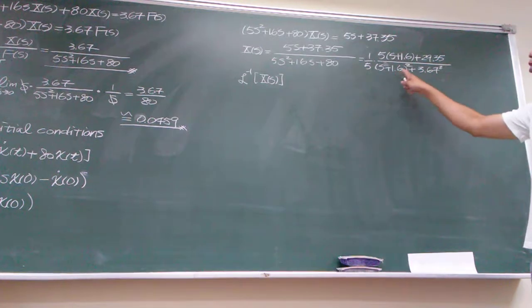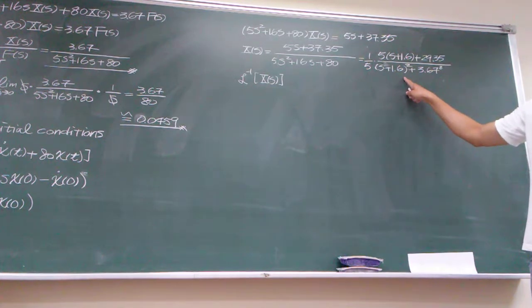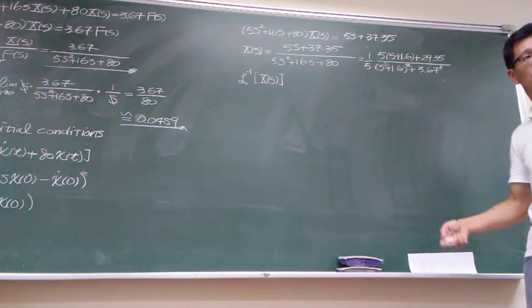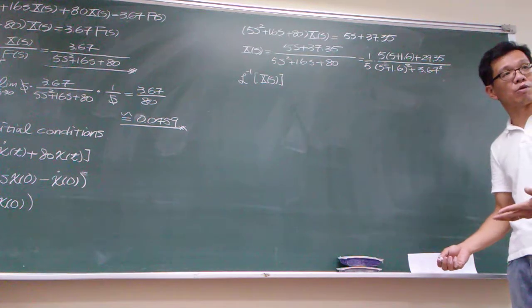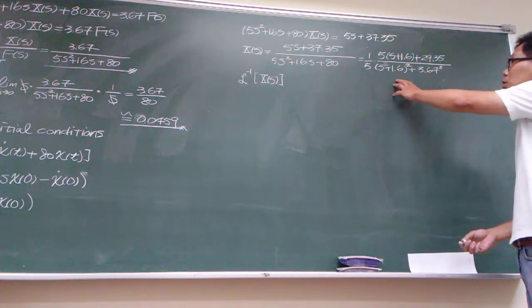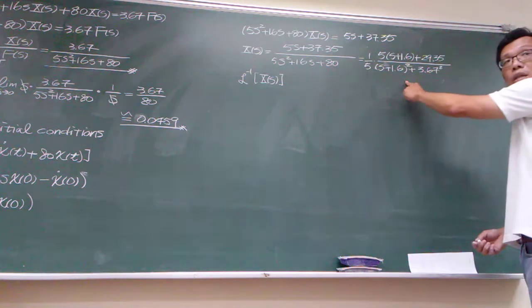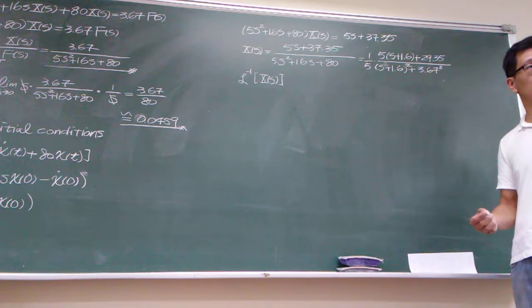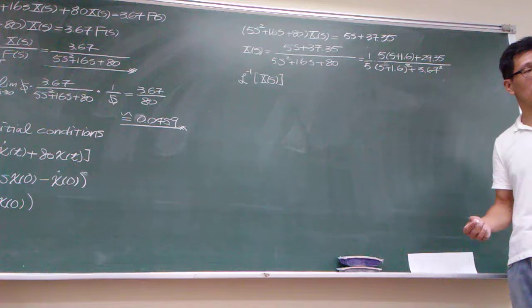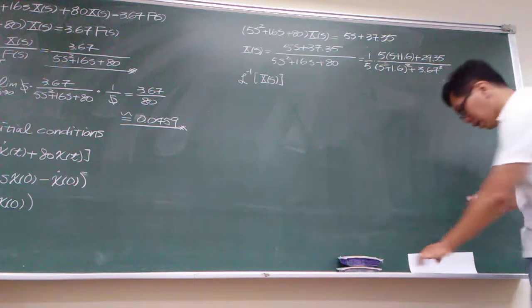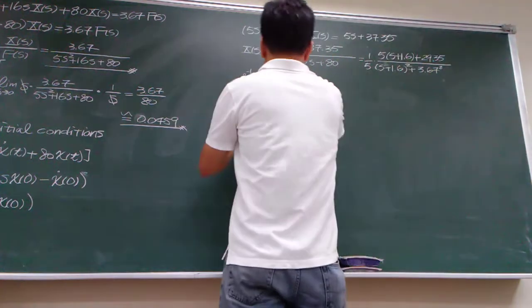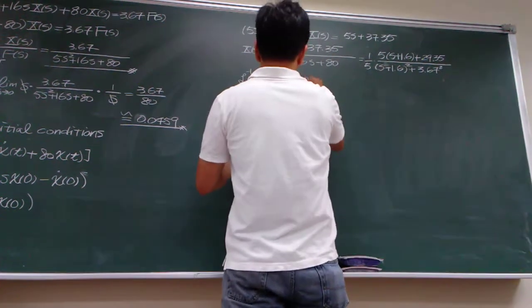We got s plus 1.6, it means that it's going to be delayed, or exponential negative 1.6t. That's something you guys can find out in your Laplace transform table. But you will need to separate that into this format. If you have a second order system, that will make the calculation a whole lot easier. Does that make sense?